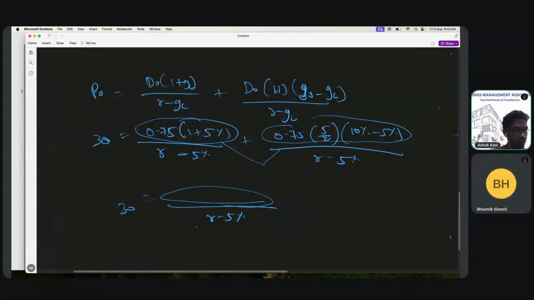So I got 30 equals 0.7875 upon R minus 5 plus 9.375 upon R minus 5.